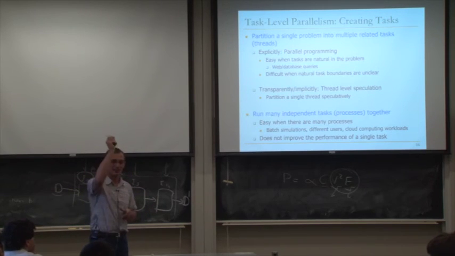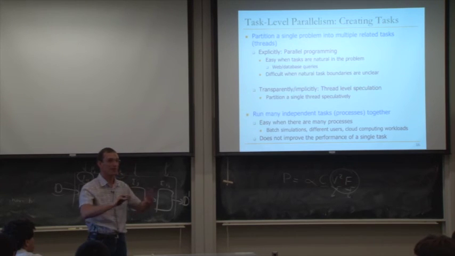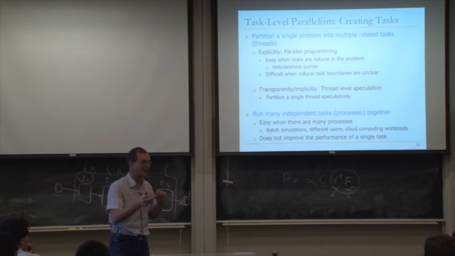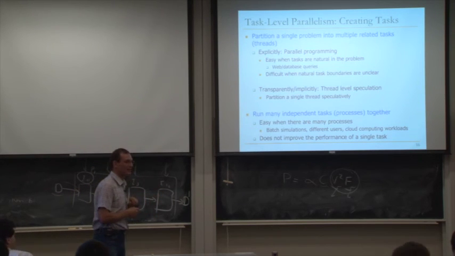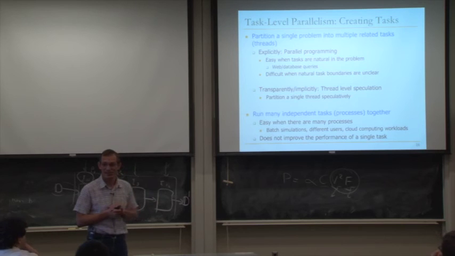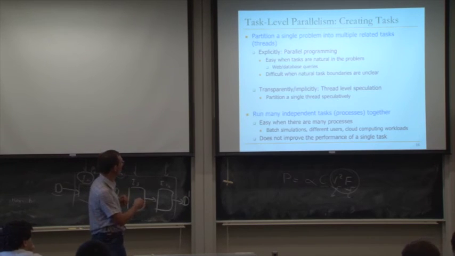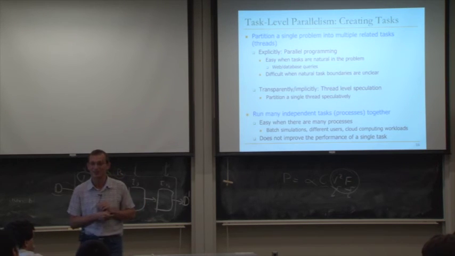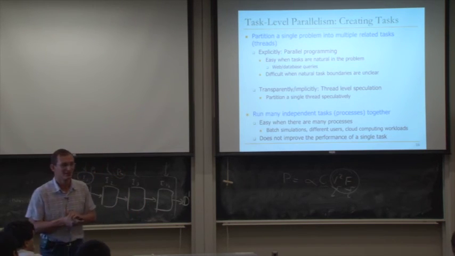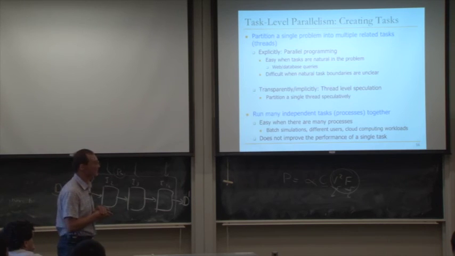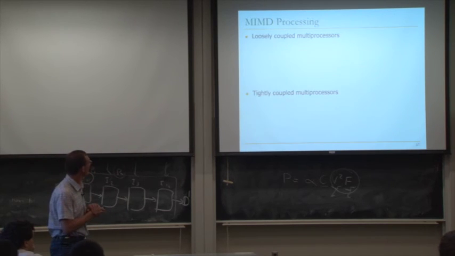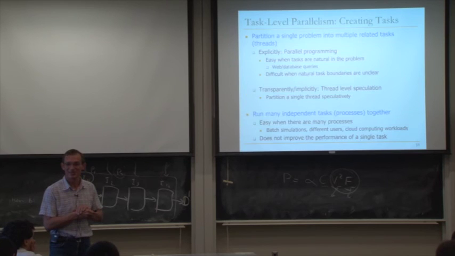Basically, you have a single threaded program, and you speculatively or non-speculatively divide it into pieces automatically. And we'll see what research has been done in that area. This could be an interesting place to do your projects if you're interested in it. Talk with me if you want some references on this. Okay, any questions?